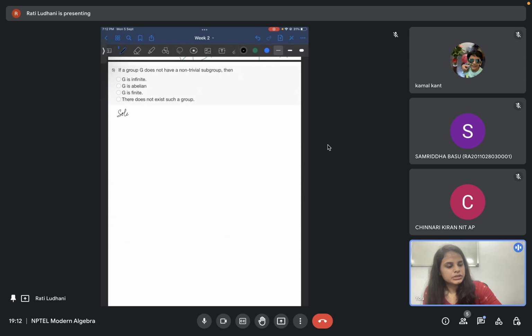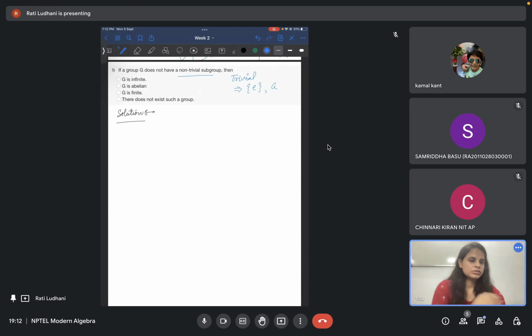If a group G does not have a non-trivial subgroup, then G is what? So G does not have a non-trivial subgroup. What are trivial subgroups? Trivial subgroups are the identity, and the other one is G itself.